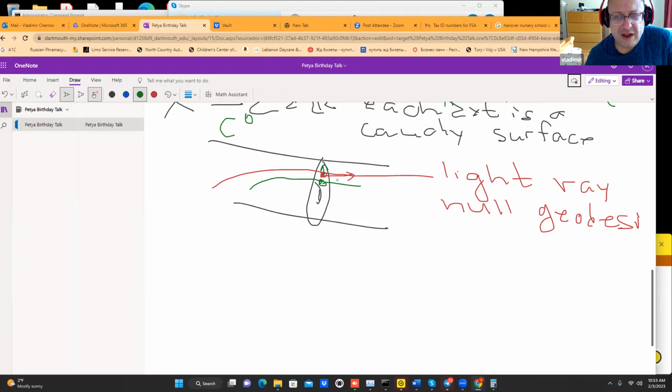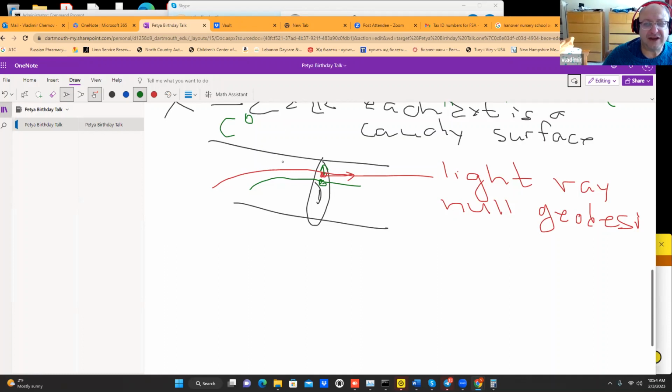Now I would like to say the following: null rays, light rays, do not have a canonical parameterization. How do you usually do a canonical parameterization of geodesics? You require that you travel with the speed 1. So you renormalize the speed so that the speed becomes 1. But here the dot product of the velocity vector with itself is 0, so you cannot do it.